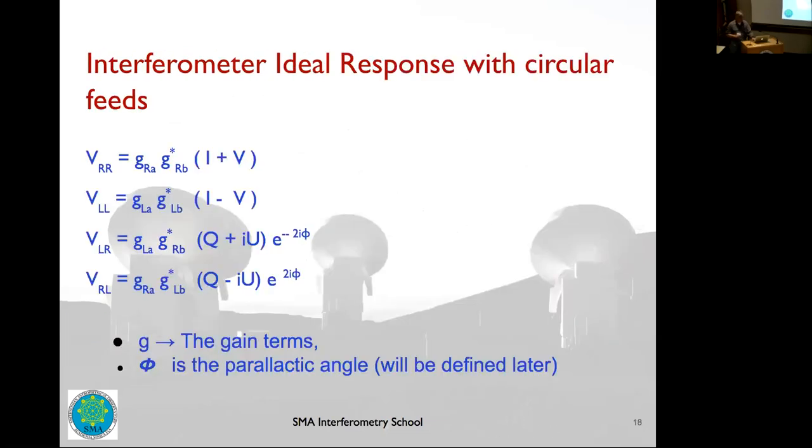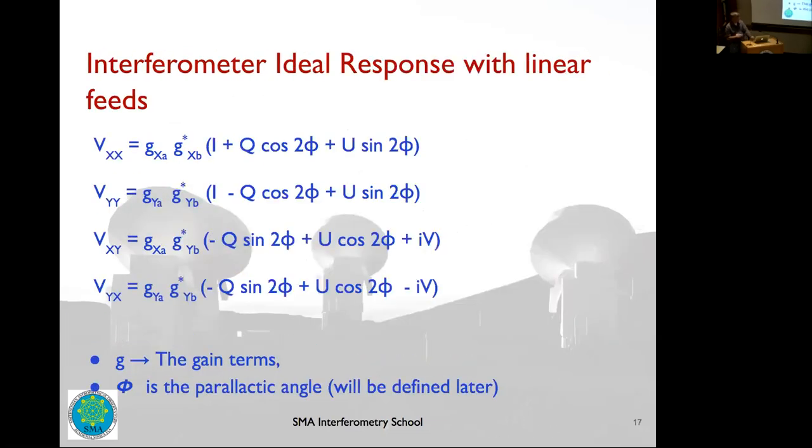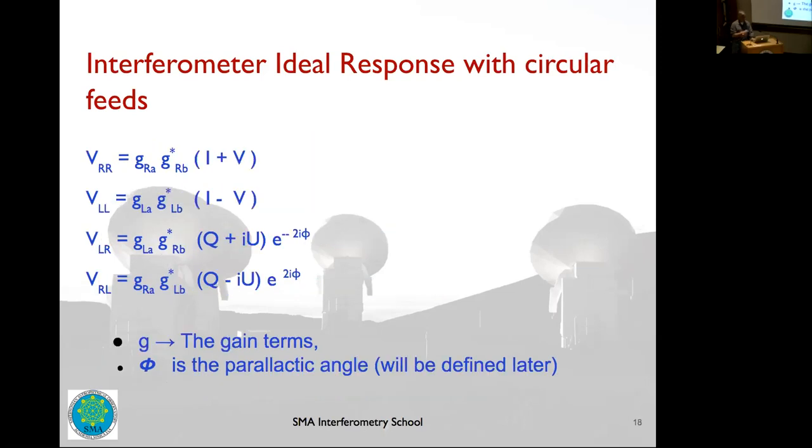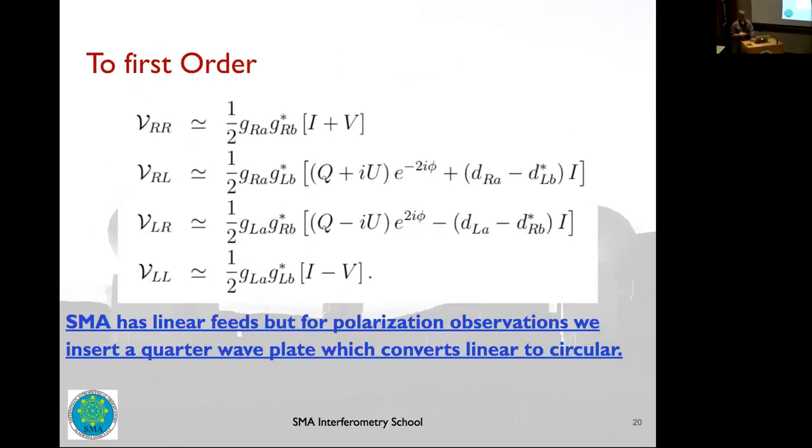But if you go back to the ideal linear feed equation, to get Q and U you've got to subtract something like XX minus YY, which means you have something which is 100%, like some number like 101, and you might have a 99, and you're trying to subtract 101 minus 99 to give you 2, and that can be a challenge. So it's easier to observe linear polarizations if your feeds are circularly polarized, and to observe circular polarization, your feeds should be linearly polarized. It's a little bit counterintuitive, but that's what the algebra shows.